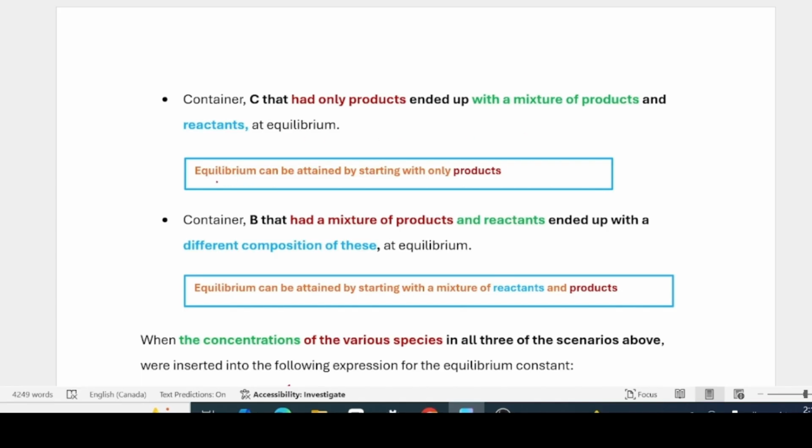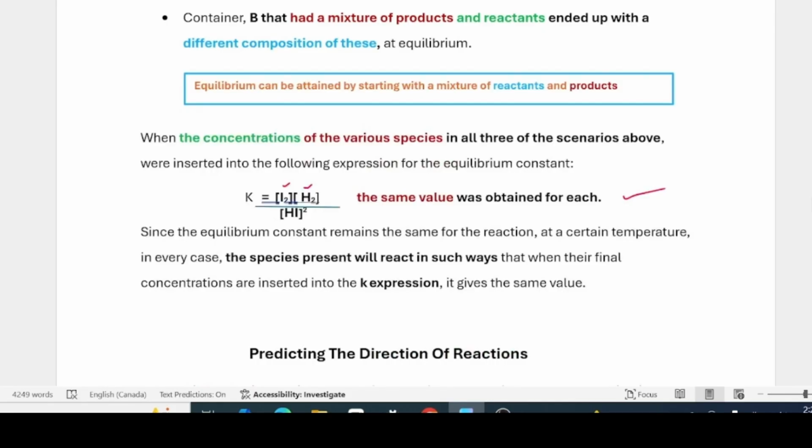So the next point that can be made is that equilibrium can be attained by starting with only products. Container B had a mixture of products and reactants and ended up with a different composition of these at equilibrium. So we can say that an equilibrium can be attained by starting with a mixture of reactants and products.